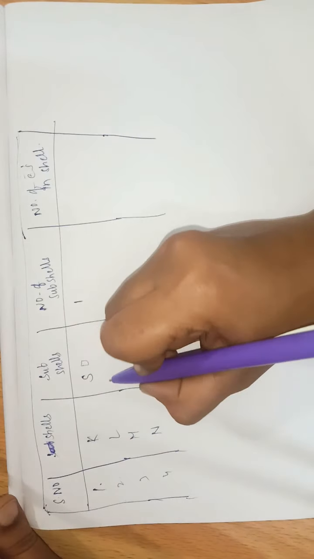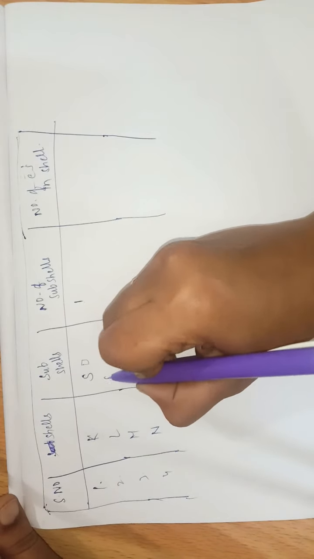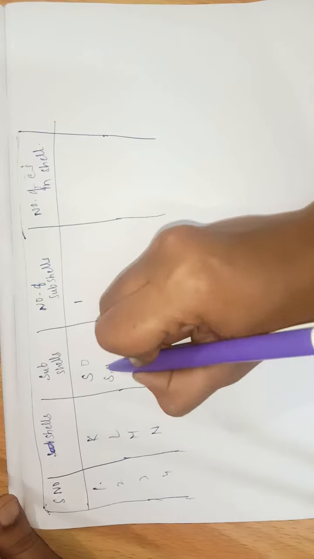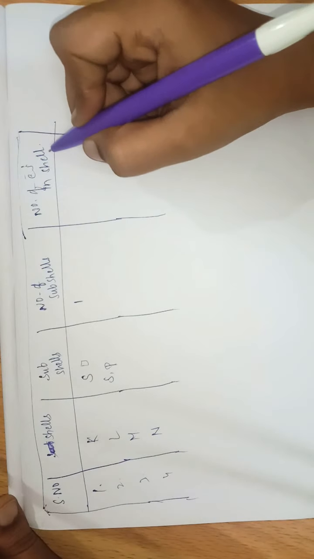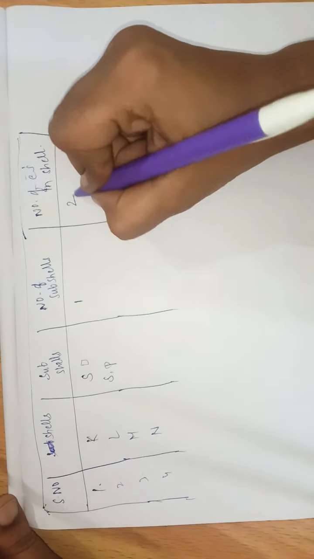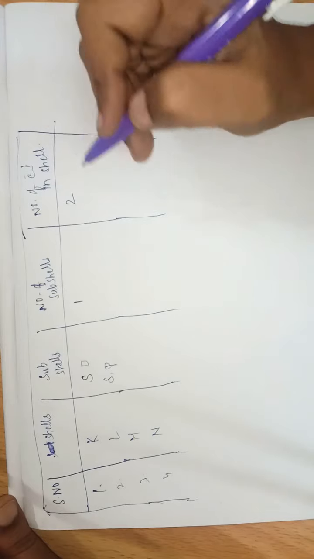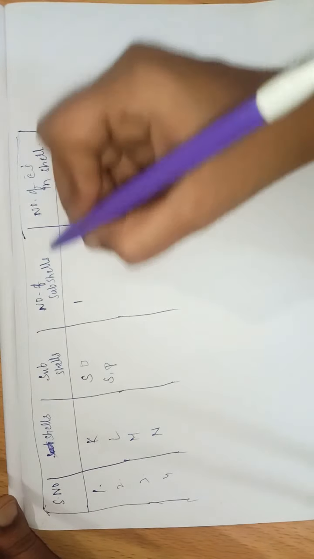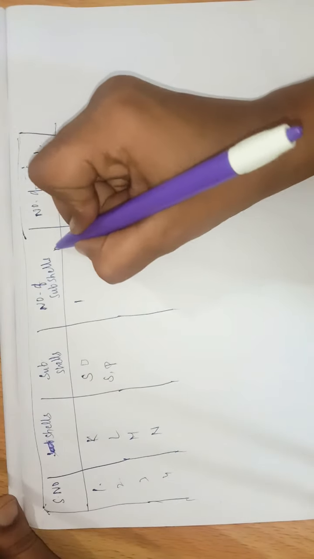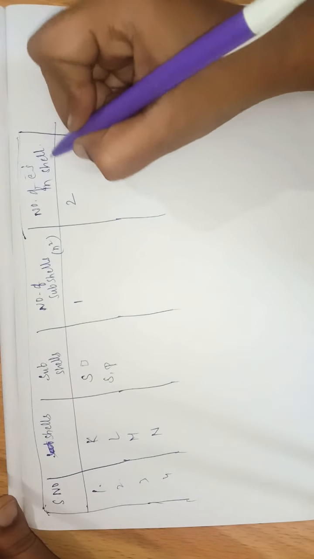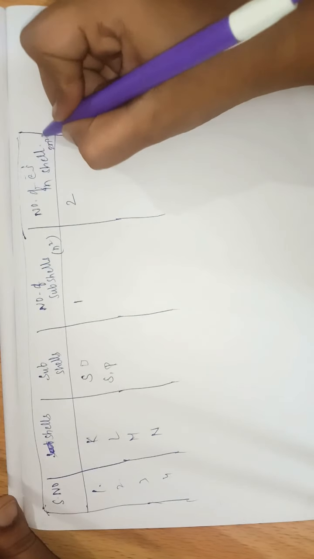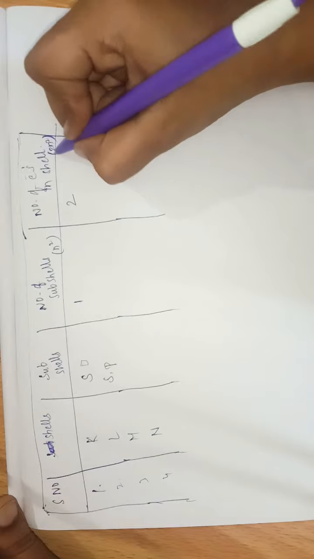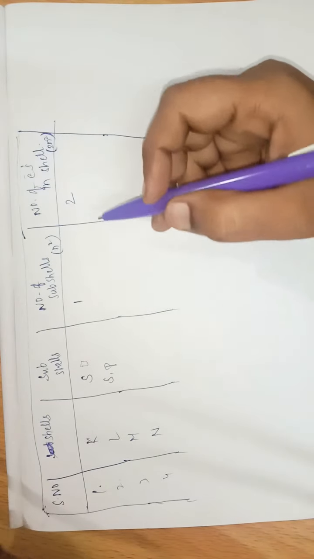Then here s and p, and the number of electrons in the shell is 2. I said earlier that the number of subshells is by n square and the number of electrons in shells by 2n square. By this formula we can easily determine this.